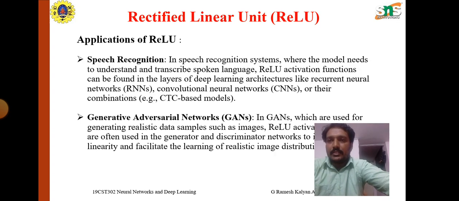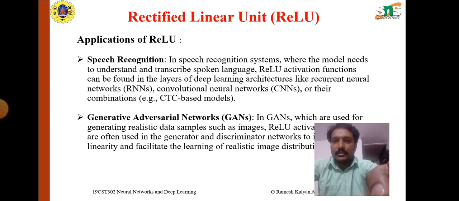The next application is speech recognition. In speech recognition systems, the models need to understand and transcribe spoken language. These activation functions can be found in the layers of deep learning architectures like recurrent neural networks (RNNs) and convolutional neural networks (CNNs) or their combinations. An example is CTC based models.